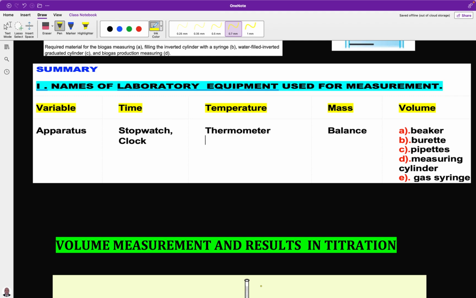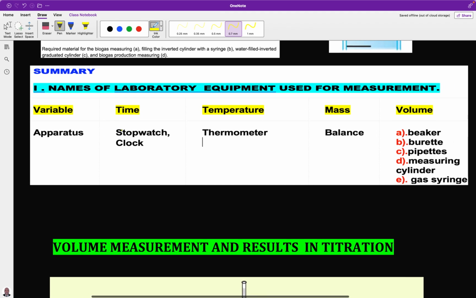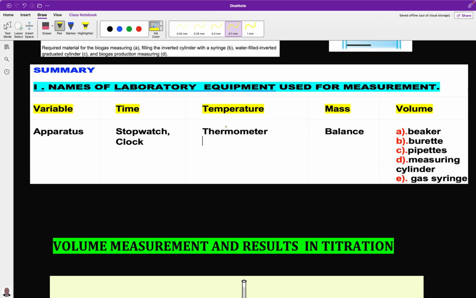Now, we can summarizingly say that the laboratory equipment used for measurement are: 1, we have the stopwatch or a stop clock that is used for the measurement of time. We have a thermometer that is used for the measurement of temperature.